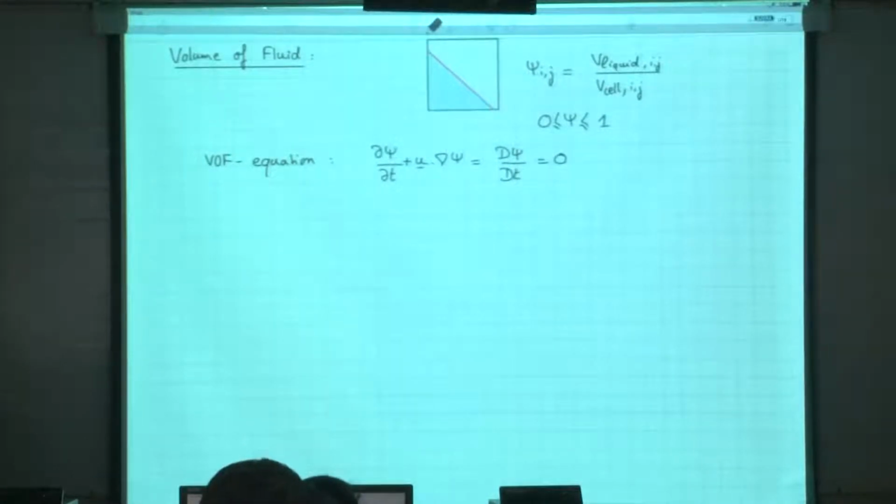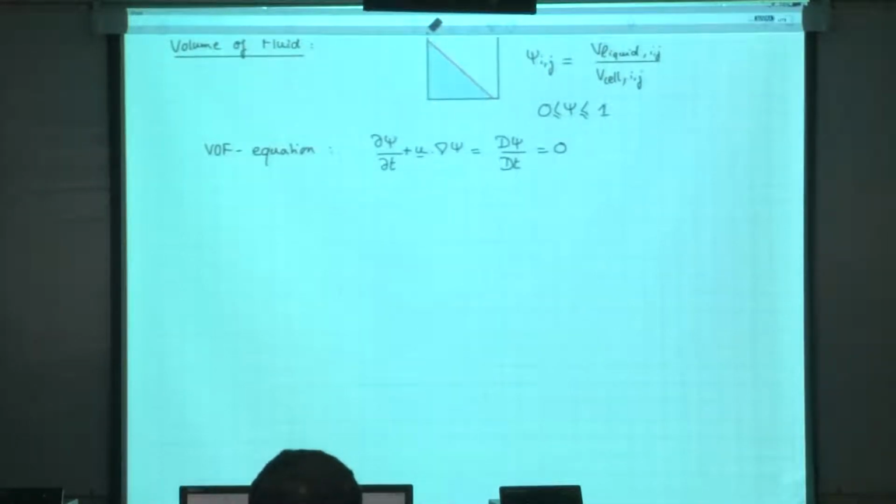Because inherently this psi function is a volume average of information, we need to think about the transport of that quantity from the perspective of the finite volumes. Obviously there's no meaning to the idea of a pointwise volume fraction. It would just be a Heaviside.